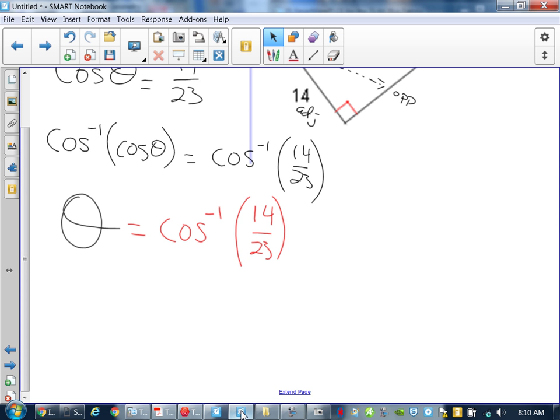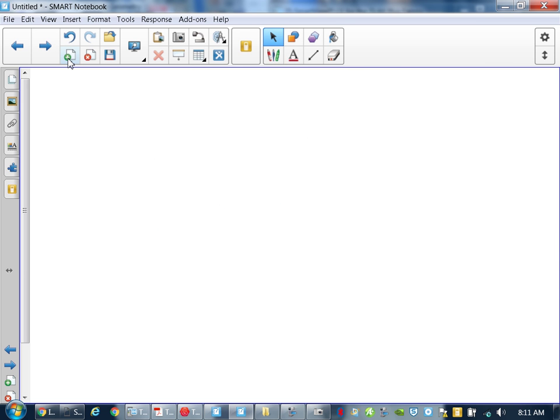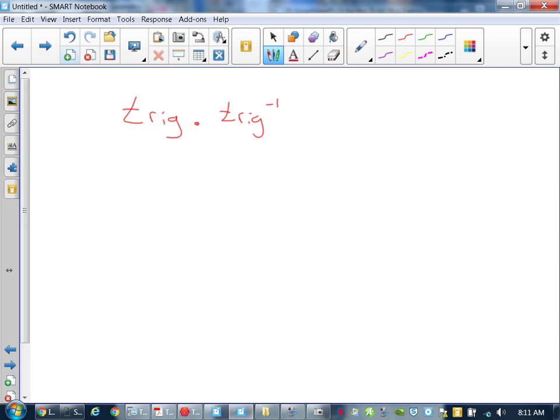What you're doing here is that an inverse value is 1 divided by cosine. So when you have 1 divided by cosine times cosine, you get cosine over cosine. What's anything divided by itself? It's 1. Because if I take some trig value times the trig inverse, this is the same as trig over trig, and anything divided by itself is always 1.